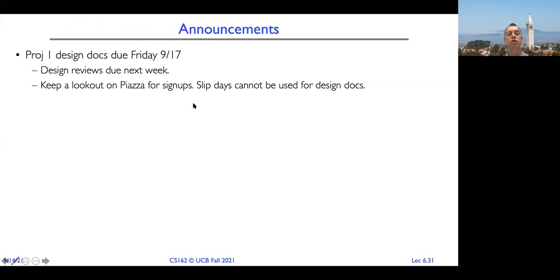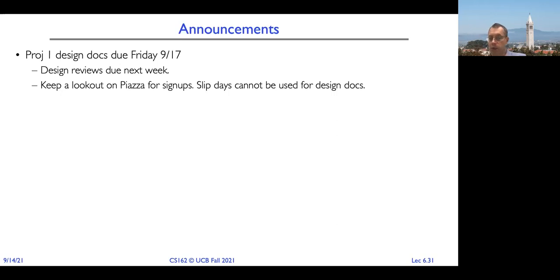Oops. Announcement. Project 1, the design documents are due this Friday. The design reviews are going to happen next week, and keep a lookout on Piazza for signups. You are going to sign up with your TA, and the TA will provide you with feedback on your design. And the design is something very, very important, design documents, right? You may not have been used to this in other classes, but in this class, before you start writing the first lines of code, you are going to write a design document, at least in theory.